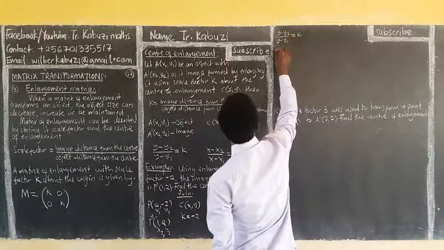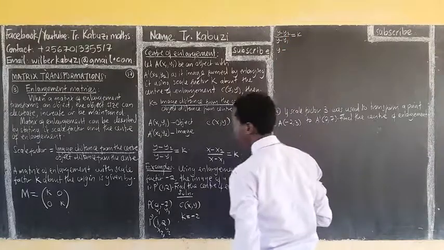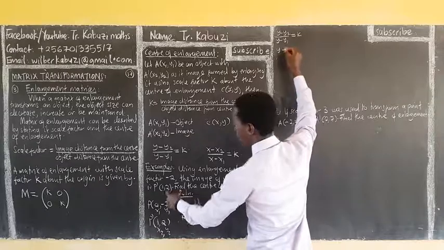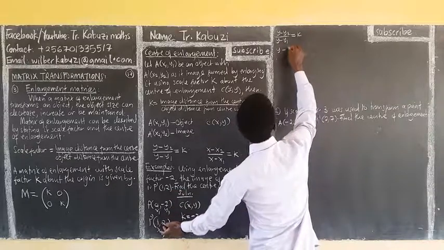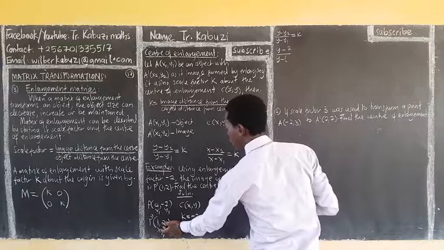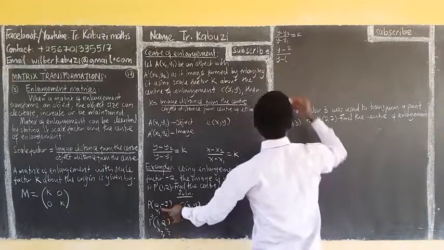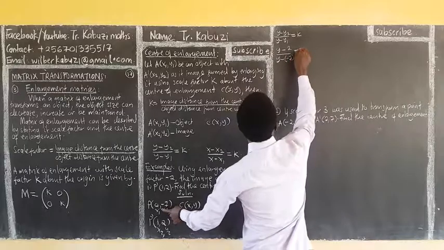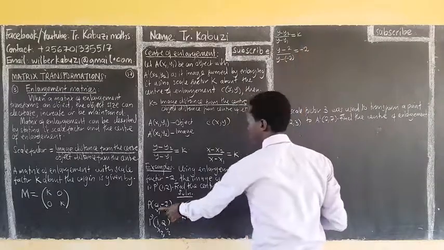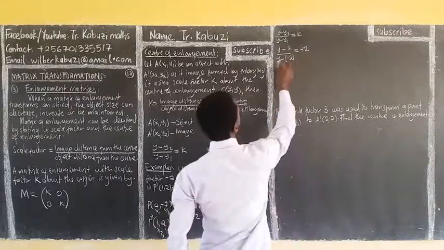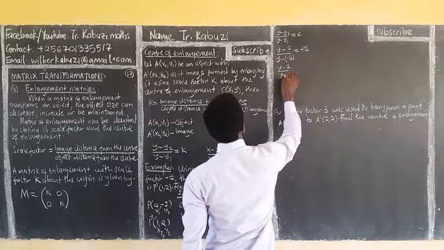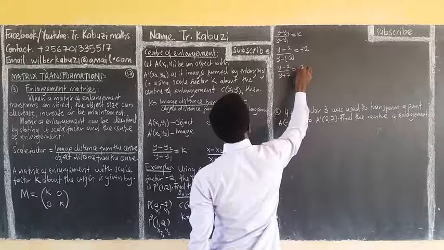So y minus the image coordinate of y, which is 2, over y minus the object coordinate of y, which is -7. This would be k, but our k is -2. So we shall have y minus 2 over y plus 7 equal to -2.